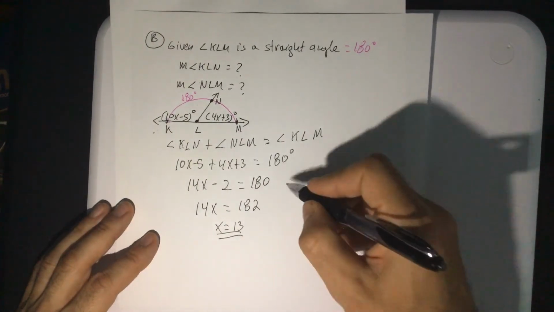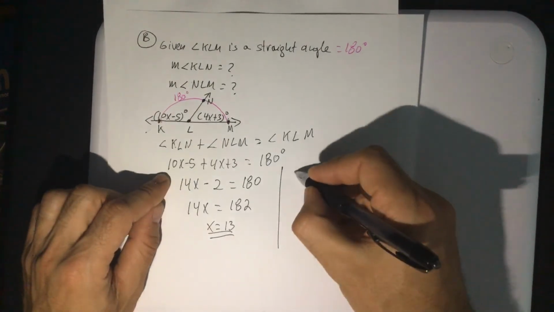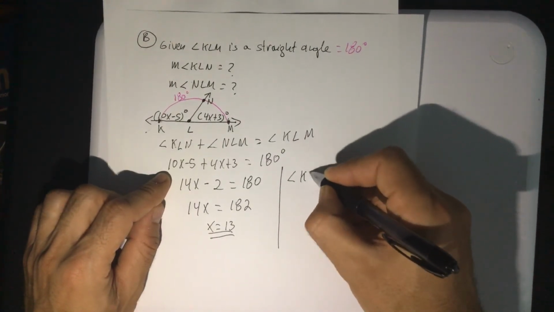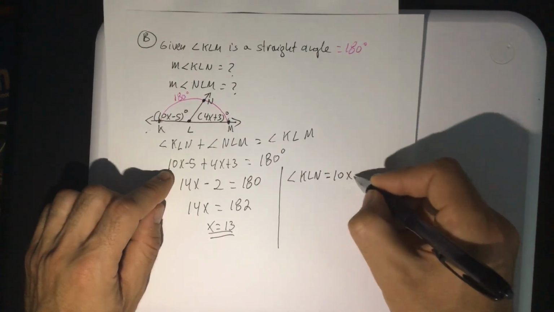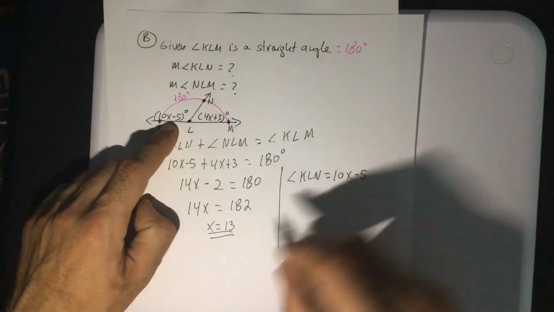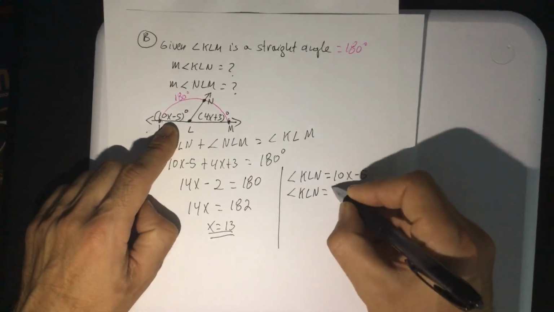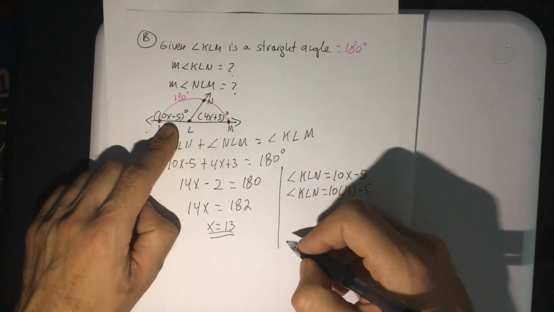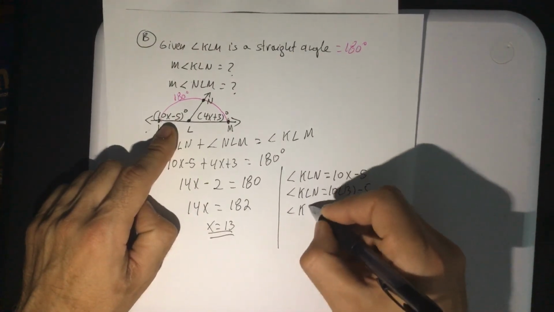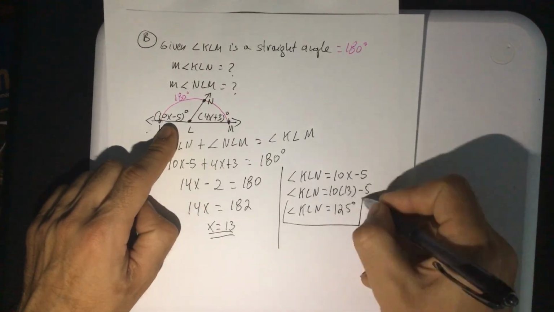Right? And now, we're going to be doing the substitutions here. I want to find out what's the angle KLN. And you guys know that is equal to 10x minus 5 right there. Plug in the 13 as x. 10 times 13 minus 5 should give you 125 degrees.